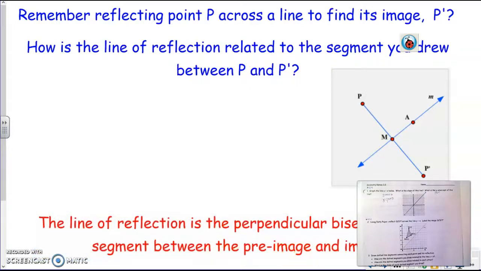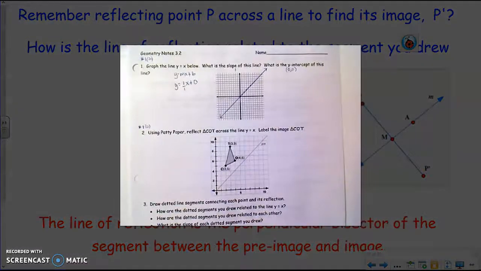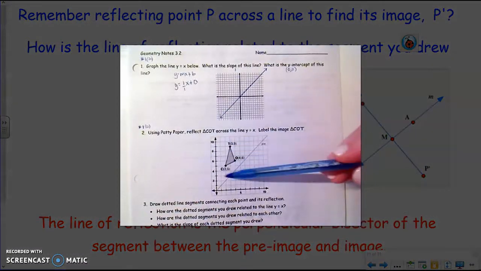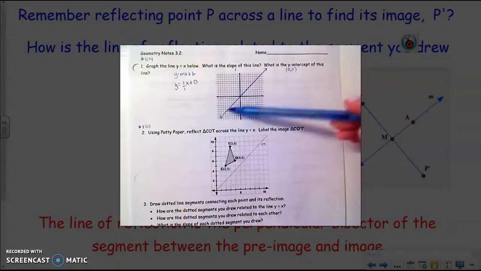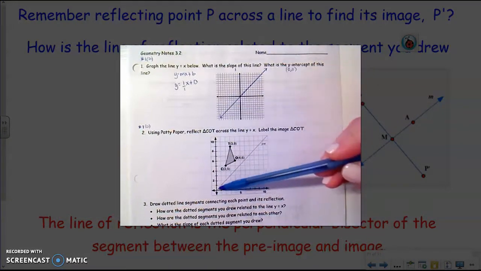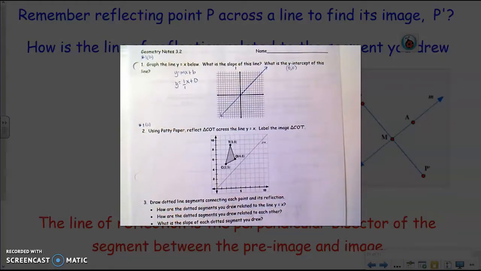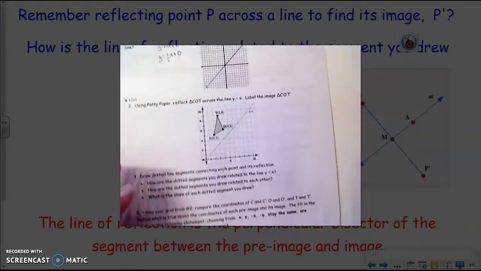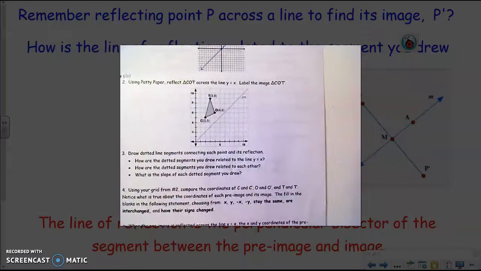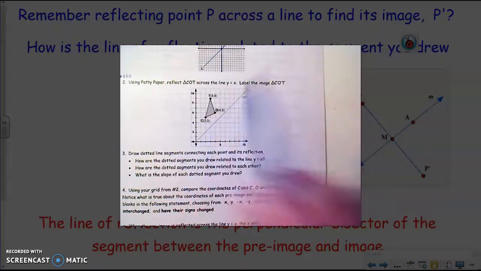On your notes here on number 2, we are going to reflect a figure, triangle COT, across that line. We just reviewed what that line was, y equals x, and so that is graphed for us already. I want you, just for a minute, to predict where you think the reflection is going to end up when we reflect this triangle across this line.